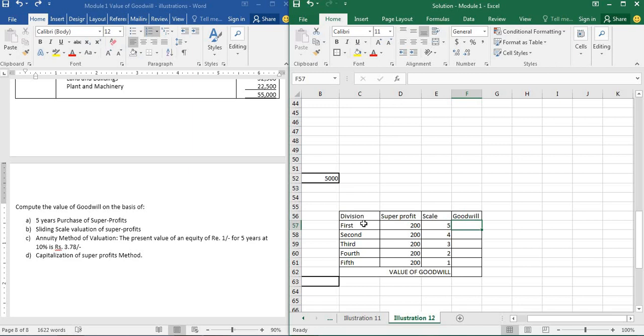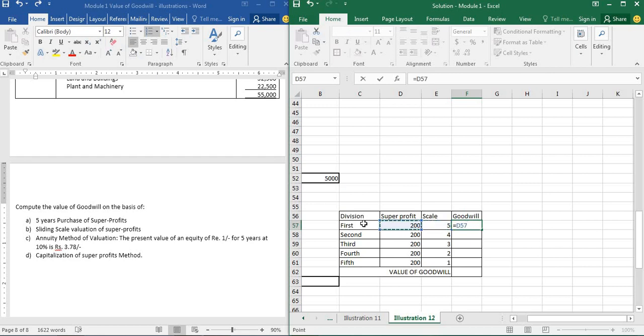Under this technique, there is a belief that you will not be able to give that same special feeling for a long term to the customers, and the special feeling that you gave to the customers is going to reduce as time proceeds. That is why the value of super profits is going to reduce each year, is what this technique tells us.